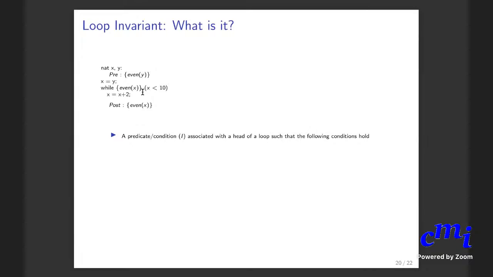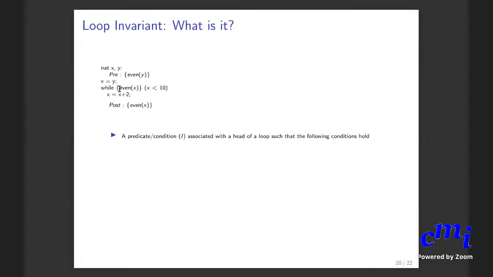Now, for example, in this case, Harsh pointed out you could use an inductive argument. If you were to use the inductive argument, how would you express it to prove that if you assume that y is even, then when you exit the loop, it is always the case that x is even?